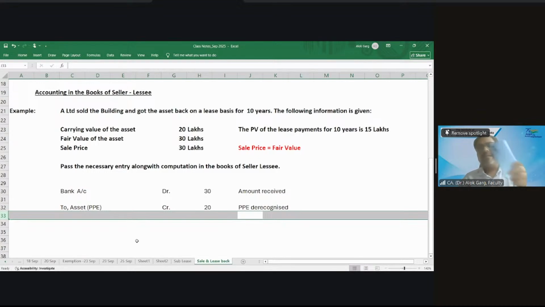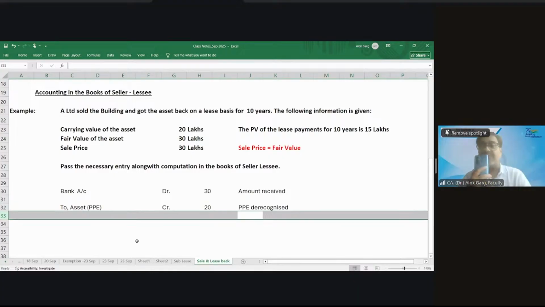I have this mobile phone. The life of the mobile phone is 3 years. And I am selling you this mobile phone with a lease contract of 2 years. Means I am selling you this mobile phone for 3 years, but who will use this mobile phone for 2 years? I will.